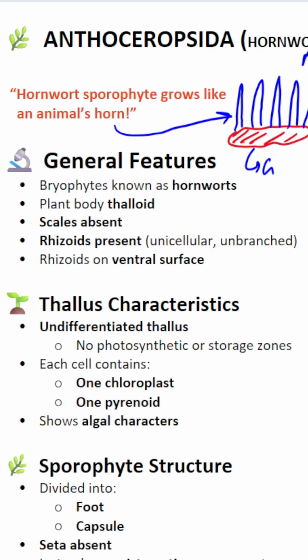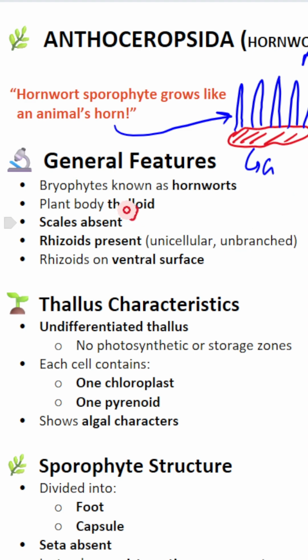Now let's move to the general features. This group of bryophytes is called hornworts because the sporophyte has a horn-like appearance. As usual, the plant body is a thallus. What is a thallus? It is not differentiated into leaf, stem and root. You are unable to differentiate which is leaf, which is root, and which is stem.